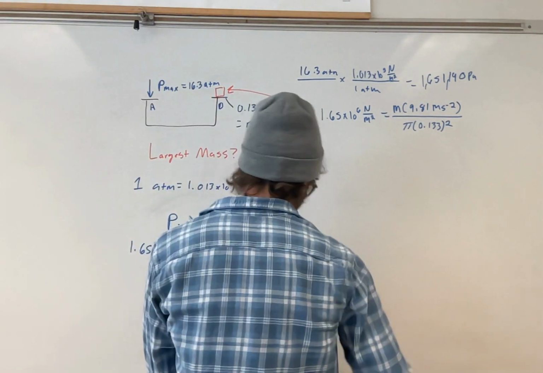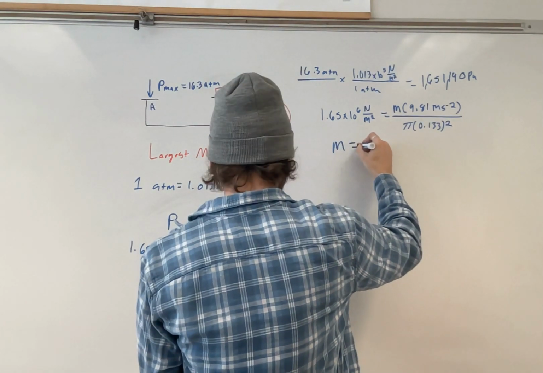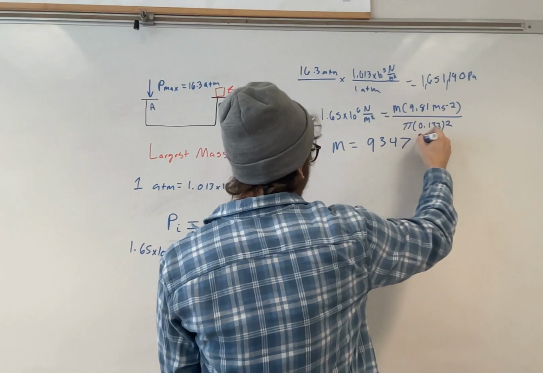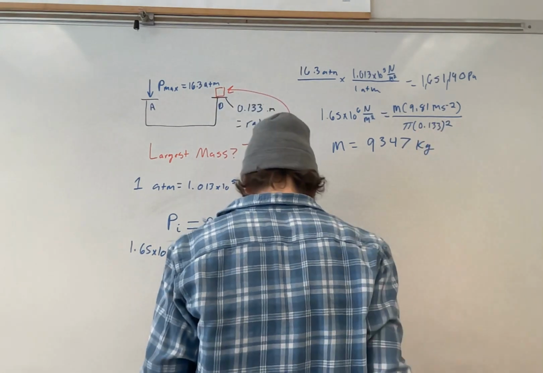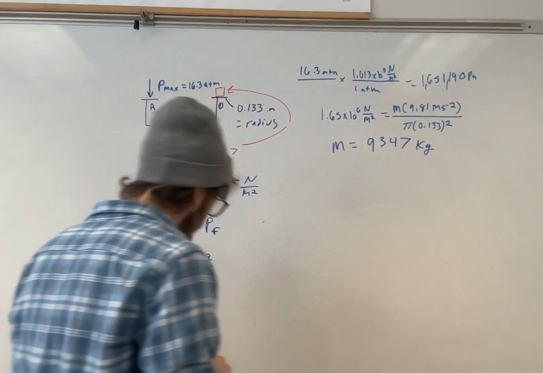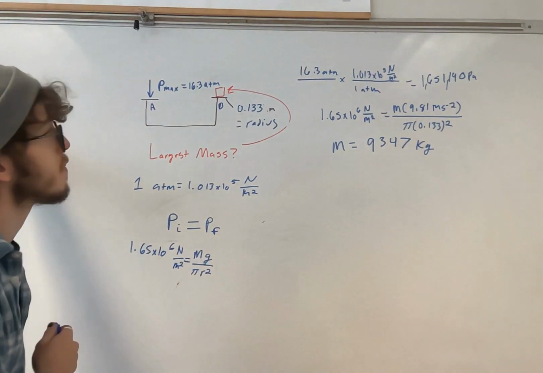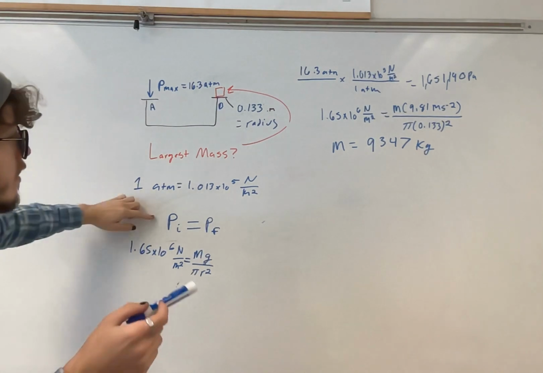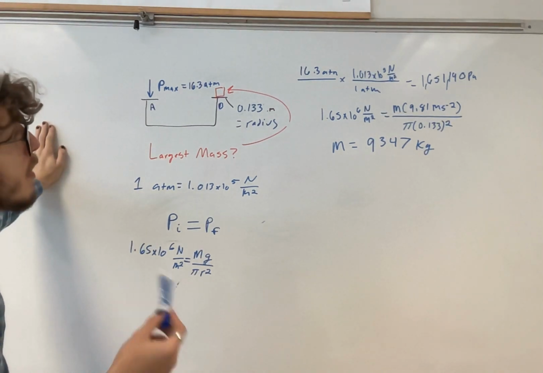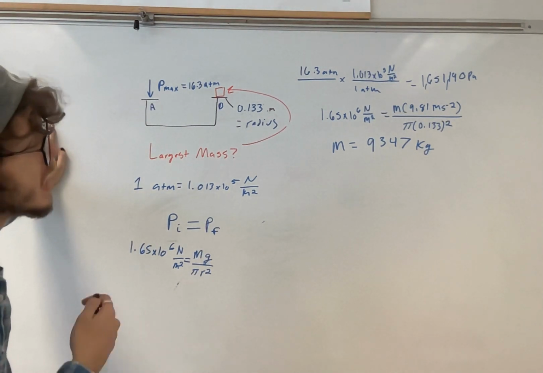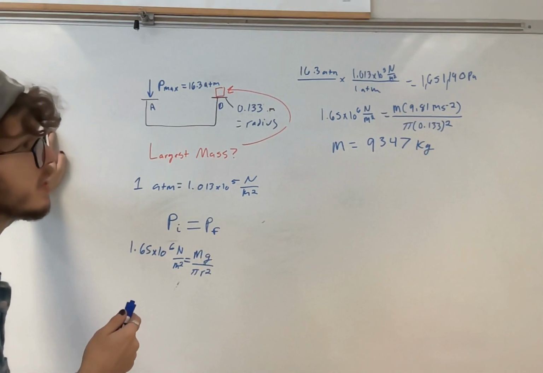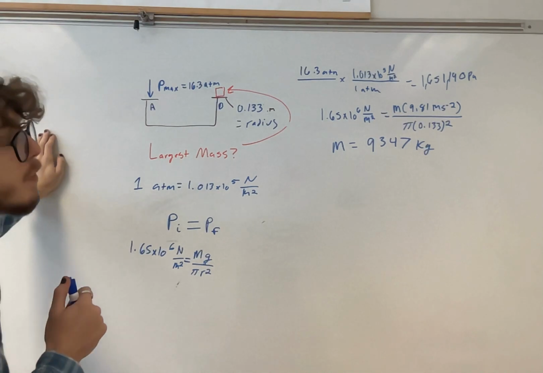So we get a mass equal to 9,347 kilograms. So given that the maximum pressure we can exert is 16.3 atmospheres, doing some calculations with the conservation of pressure in a hydraulic jack, we found that the maximum mass that we can lift on a hydraulic jack is 9,347 kilograms.